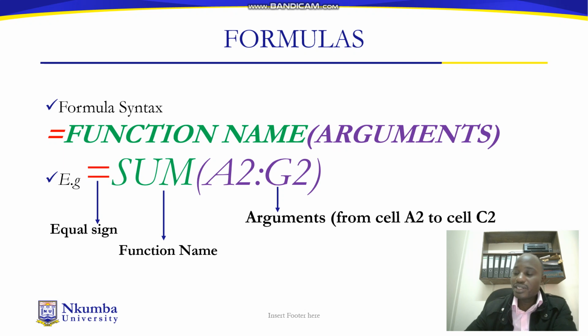So for you to tell Excel that you are going to write a formula or a function, you must begin with the equal sign. Without the equal sign, Excel recognizes your function, your formula, as normal text. The moment you put the equal sign, Excel recognizes that what follows is a formula or a function.